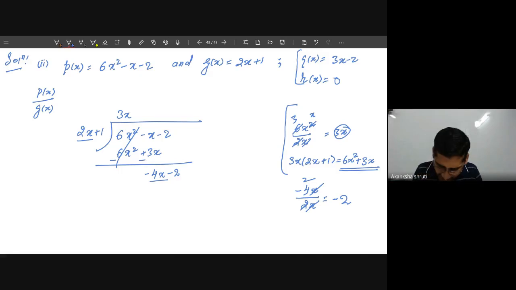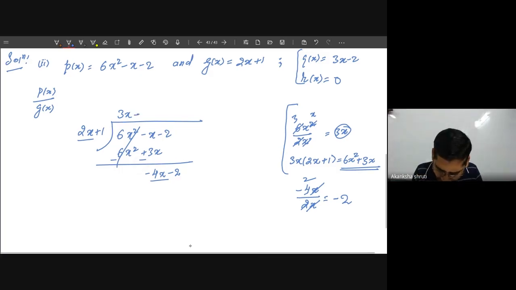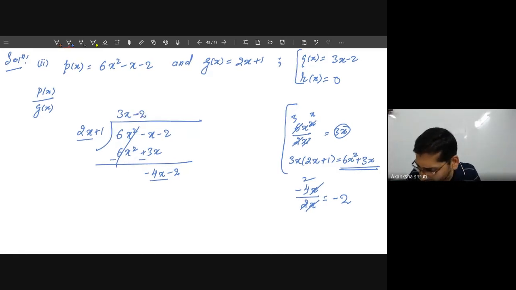So it is minus 2. That minus 2 you write at the top. Then this minus 2 has to be multiplied with the entire divisor, which is 2x plus 1. Doing this, it becomes minus 4x minus 2.